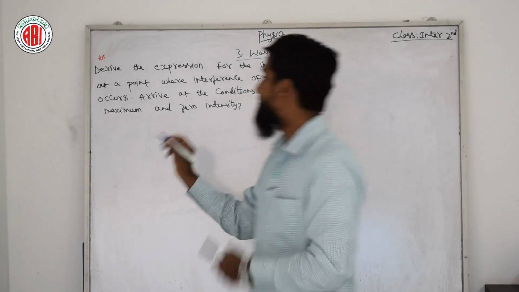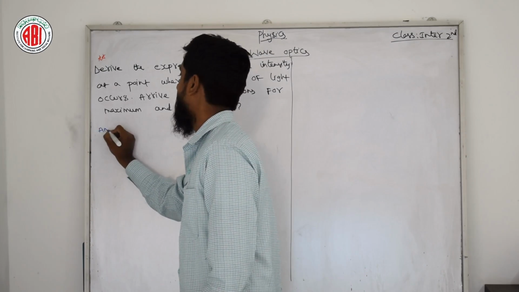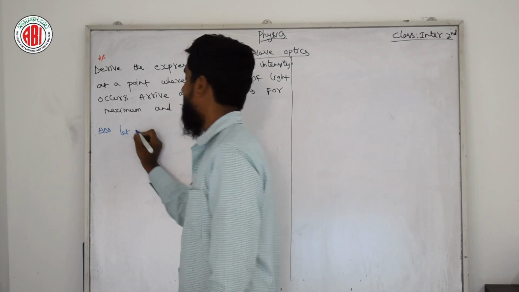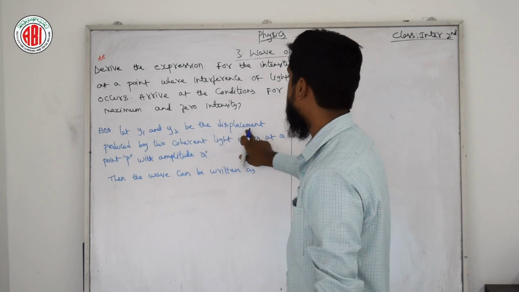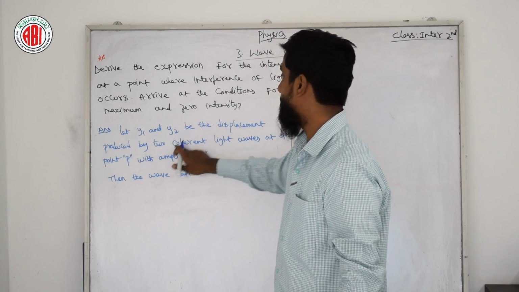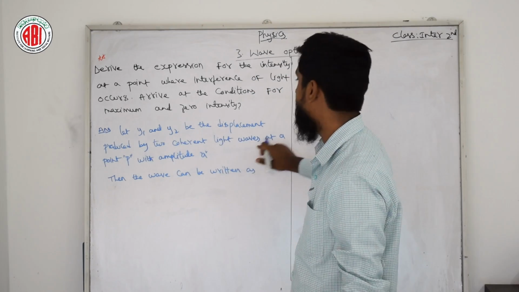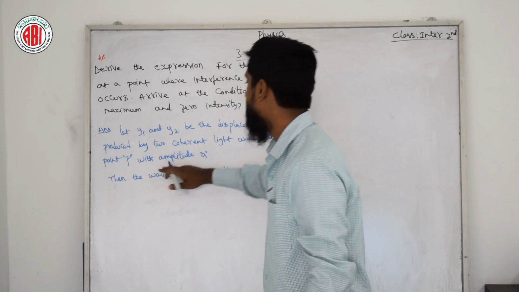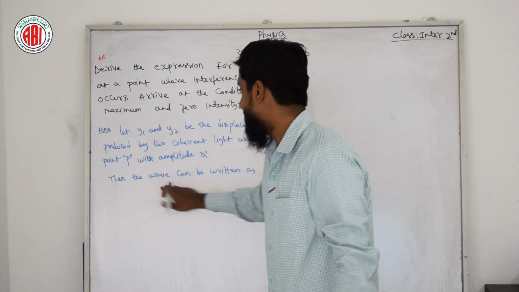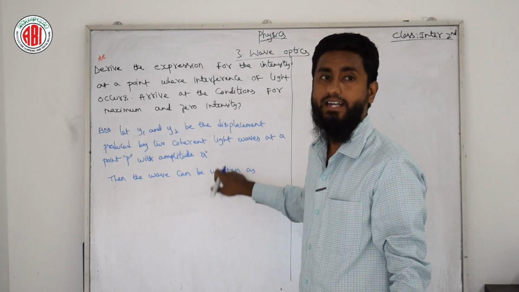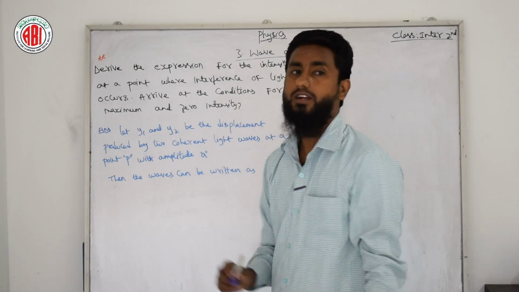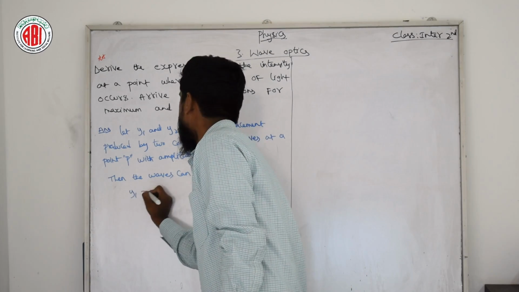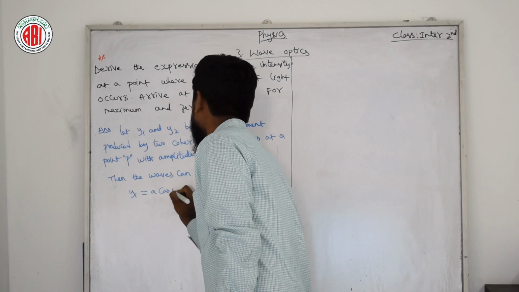Now it is time for the answer. Here, let y1 and y2 be the displacements produced by two coherent light waves at a point P with amplitude A. Then the waves can be written as y1 = A cos ωt.